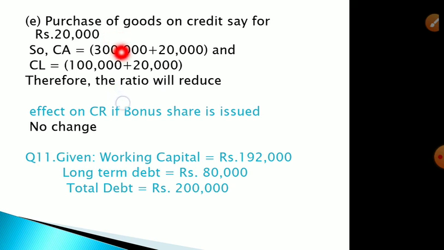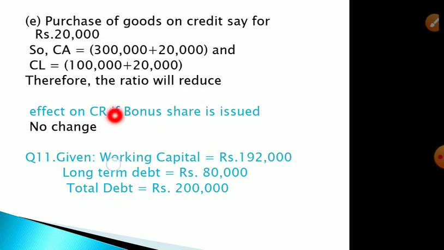So my current assets and current liability both are increasing. From 3 lakh, it will become 3,20,000. From 1 lakh, it will become 1,20,000. If you divide 3,20,000 by 1,20,000, we'll see that the amount will be less than 3:1. Therefore, the ratio will reduce.